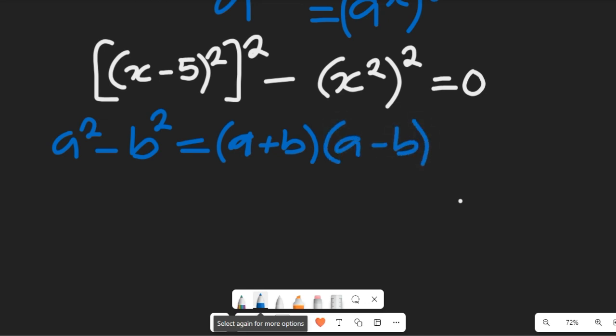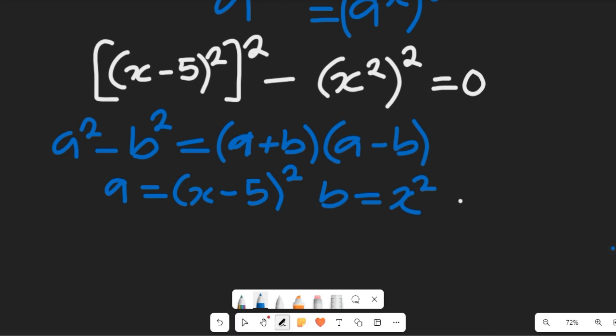Now if I compare that expression to this, you'll find out that my a will be equal to (x minus 5) squared, right? And my b will be equal to x squared.